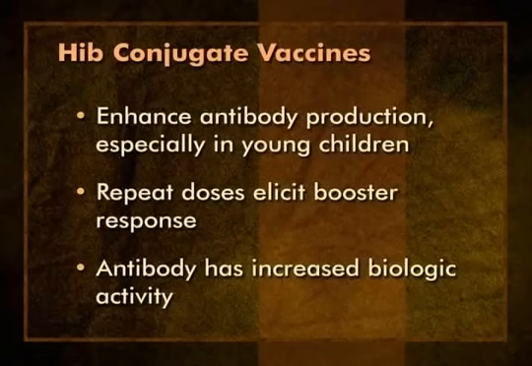And the antibody that is produced has increased biologic activity, which means it works better. What happens with conjugation is that the protein polysaccharide complex elicits a T-cell dependent response. That means that T cells become involved in the immune response instead of the T-independent response characteristic of pure polysaccharide.